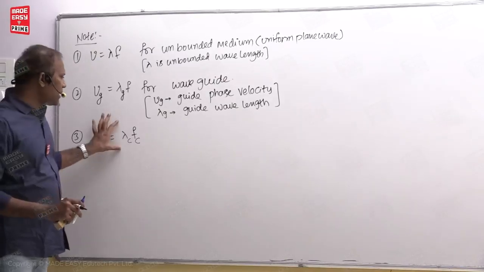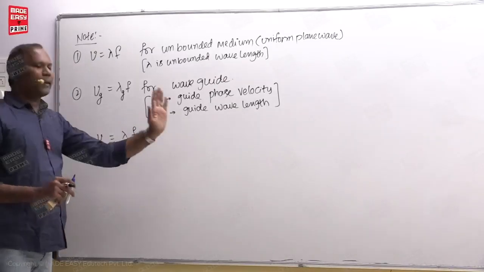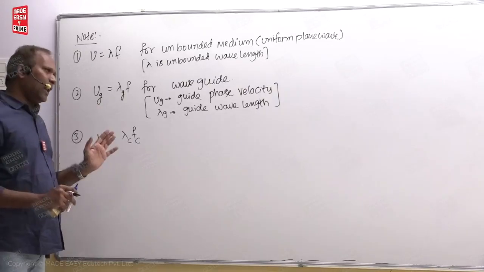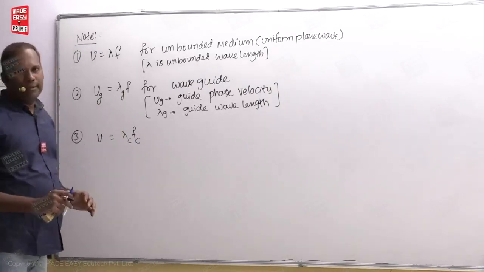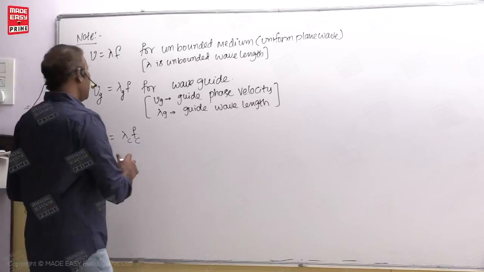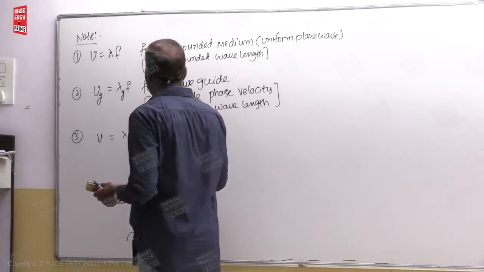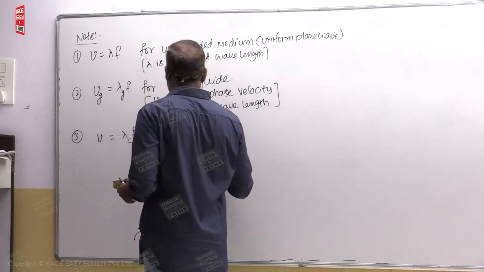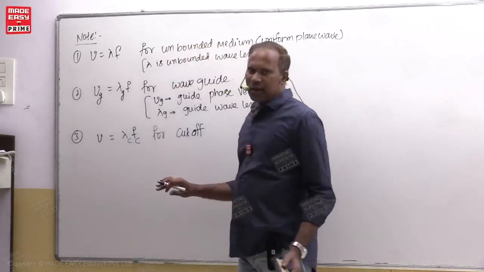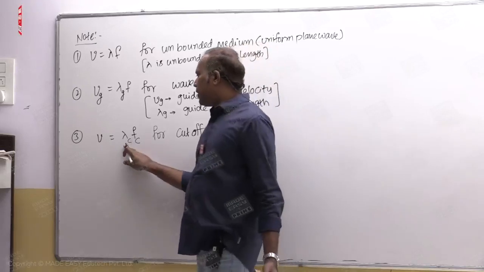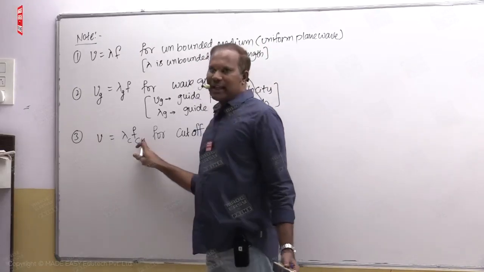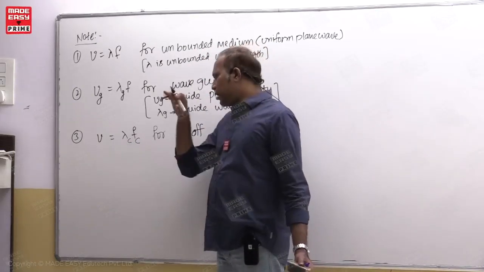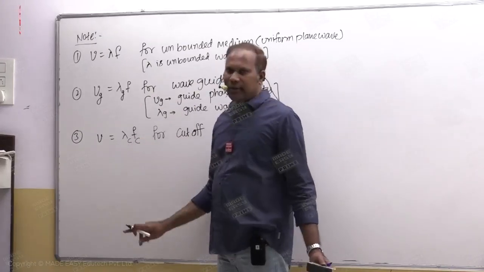So this equation is used at the cutoff. This equation is valid for cutoff. So if you put cutoff wavelength, then you have to take here cutoff frequency. This equation gives relation between cutoff wavelength and cutoff frequency.